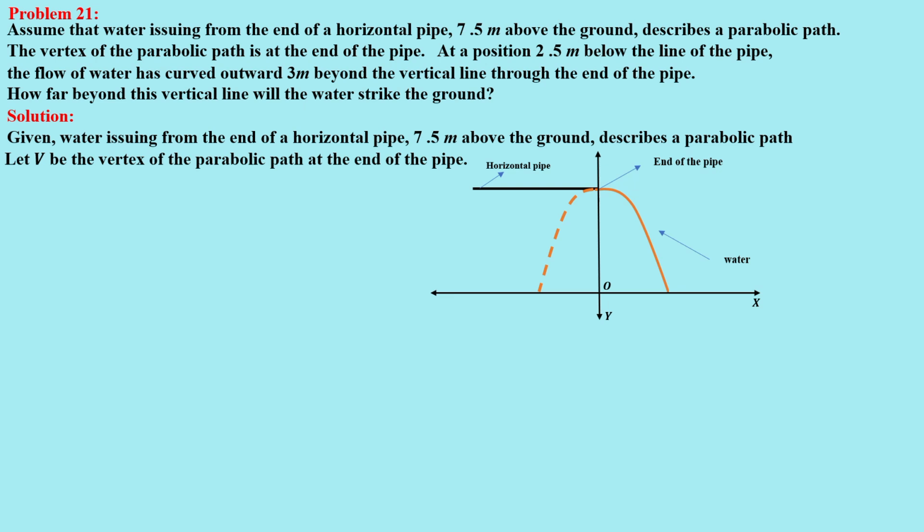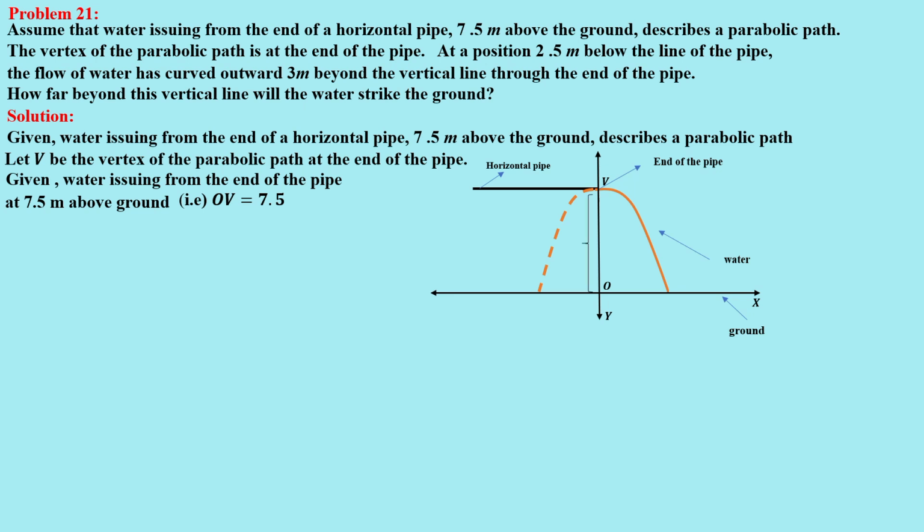Let V be the vertex of the parabolic path at the end of the pipe. Given water issuing from the end of the pipe at 7.5 meter above the ground, so OV is the height from the ground to the water issuing point. OV is equal to 7.5.